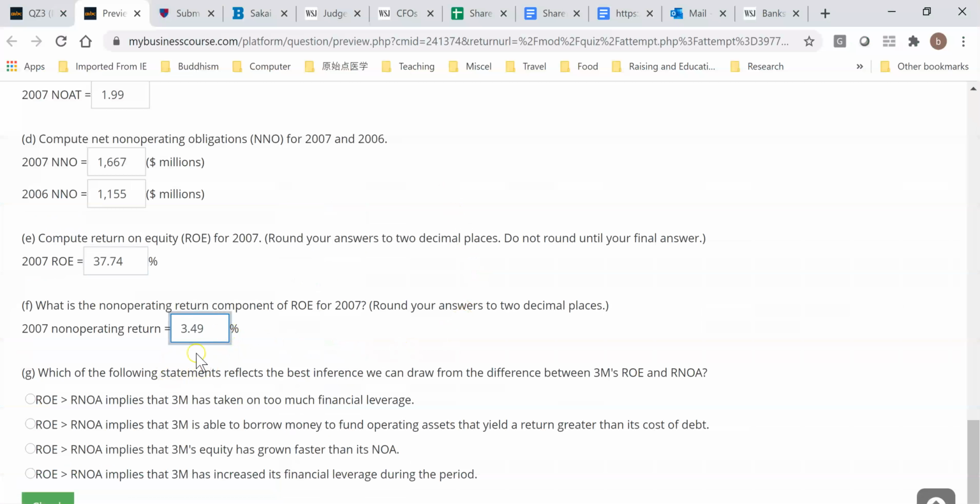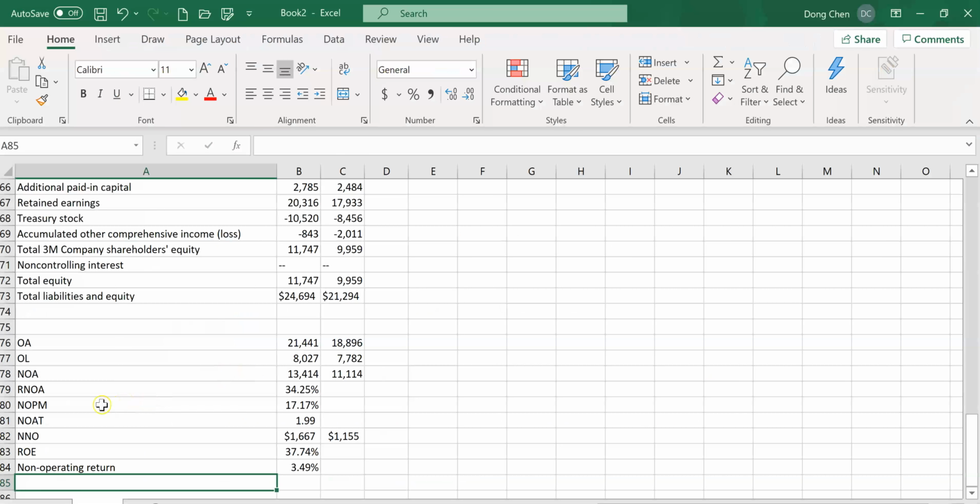So this is positive, and this positive means that this relates to borrowed money. Because the return on net operating asset does not include any financing related items, all those financing related items, the return generated from those items are included in this non-operating return.